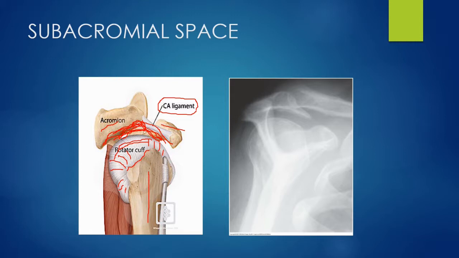So I want you to imagine these fibers on the top of the head of the humerus being graded and compressed and drawn back and forth across this subacromial arch, kind of like friction being generated on the surface of that tendon.